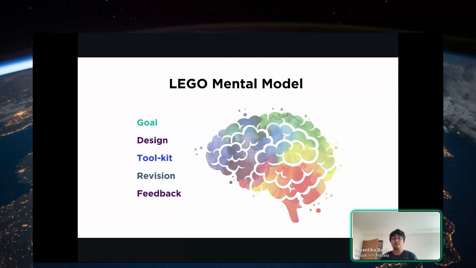So we'll be touching upon how to bring out a goal which makes a difference, which makes a lot of sense. Then we will be connecting that to design. We'll be looking into how we can design a toolkit using these two concepts. Finally, revision and feedback are the final blocks, and they come as a derivative of a good design.